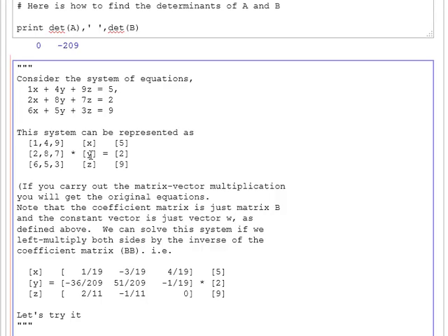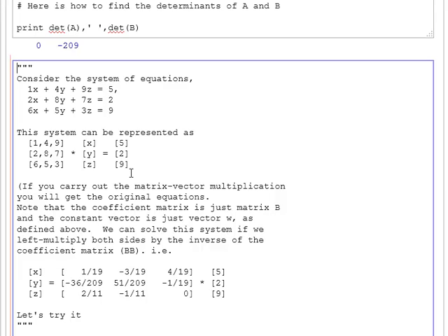If I took x, y, and z and multiplied it across the top, it would be x times 1, y times 4, z times 9, and add it up. That's exactly what this first equation says. Then you take this across the second row, and you get that, and this across the third row, and you get that. This is simply a symbolic way of writing a system of equations as a matrix times a vector, which then is equal to this constant vector on the right.